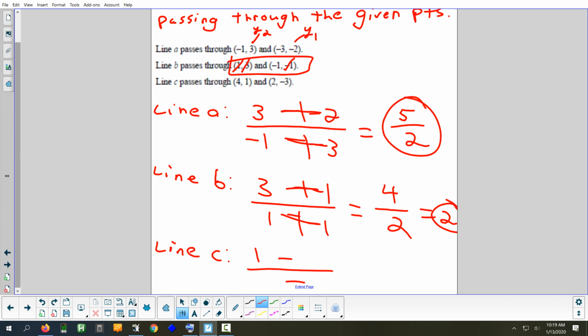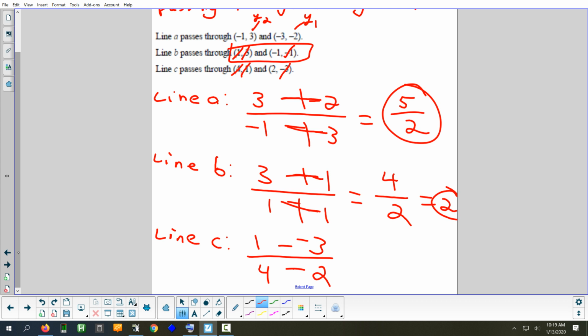Upper right? -3. Yep, -3. So we got those. How about lower left? Yep, we got the 4. And then the only one we have left is 2.